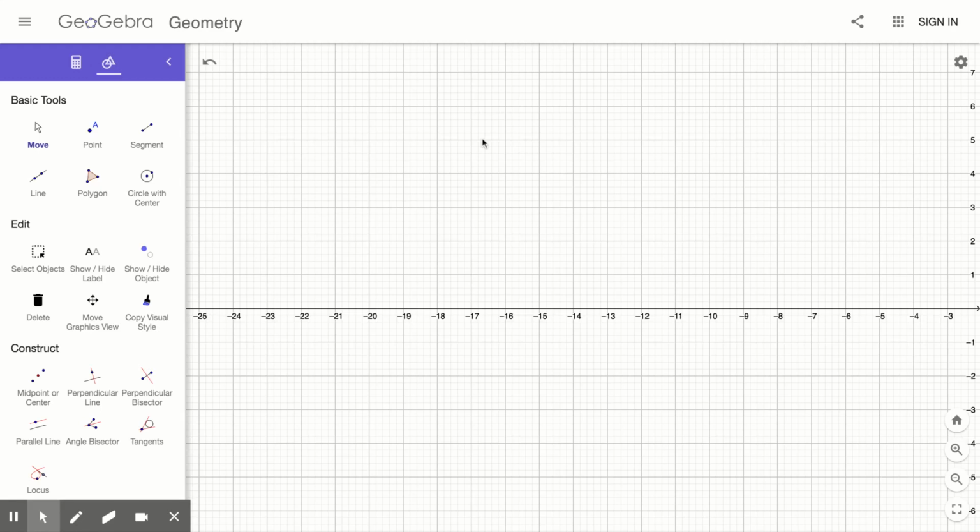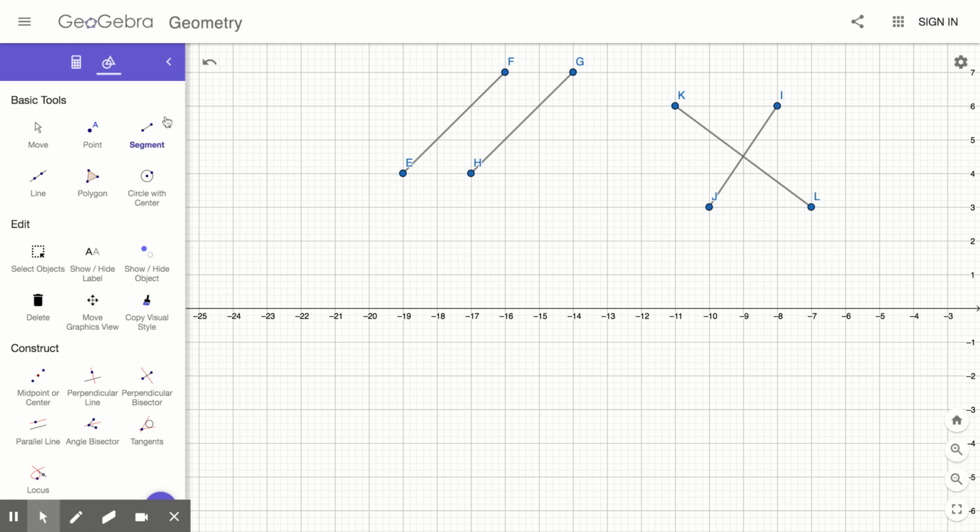All right, so let's go over this concept of how to find out if two lines are perpendicular and two lines are parallel. So I'm just going to draw two line segments here and here. And then I'm going to draw two line segments here and here.